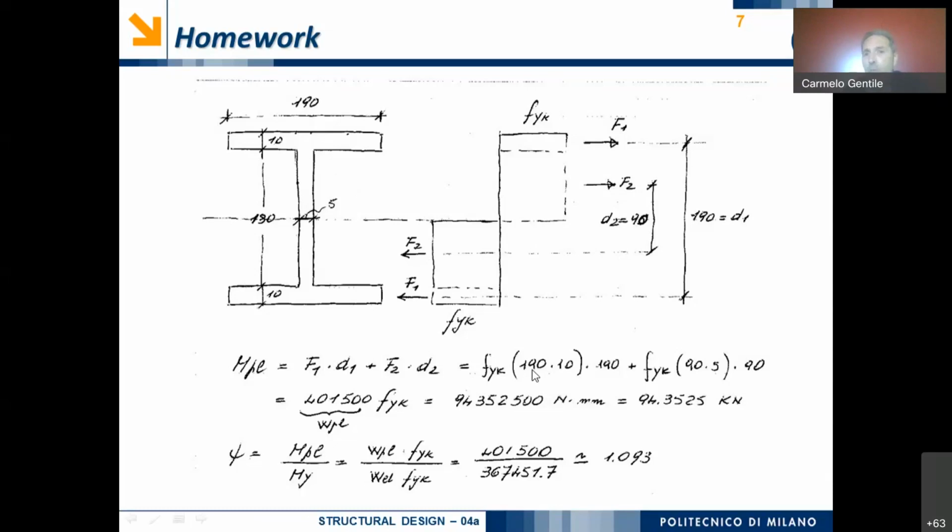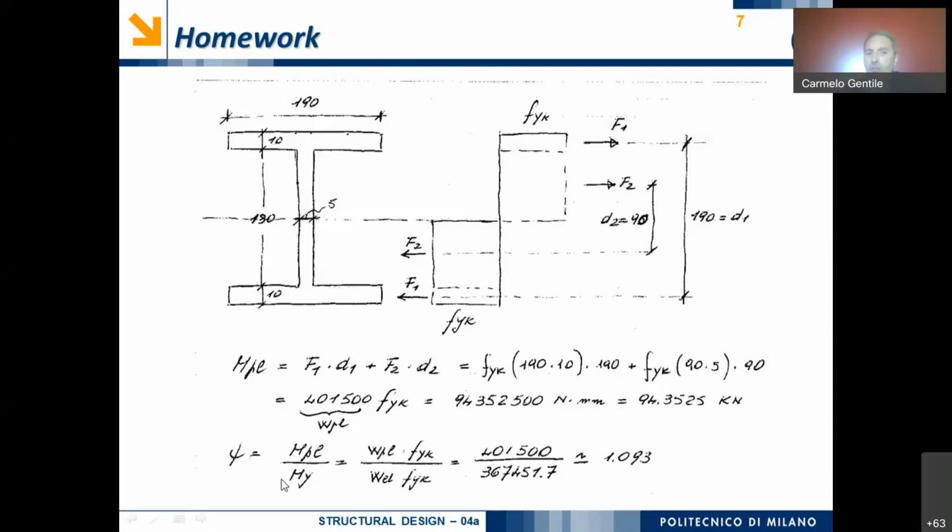The area of the flange is 190 times 10. While concerning the force F2, the force F2 again is the product of the yielding stress Fy times half the area of the web, okay? And half the area of the web is 90 times 5. Afterwards, it is very easy to evaluate the maximum bending moment, the fully plastic bending moment.